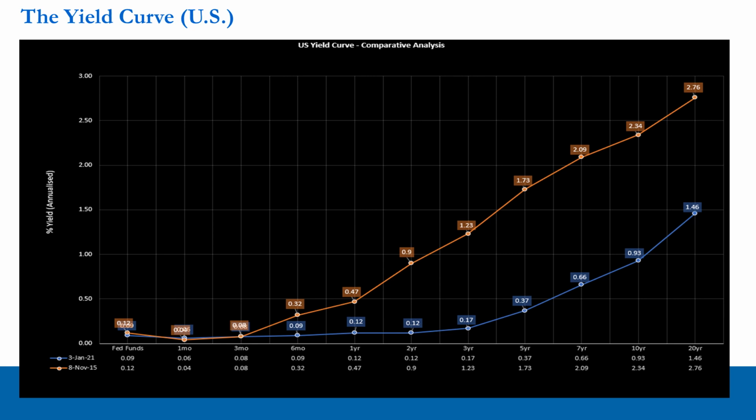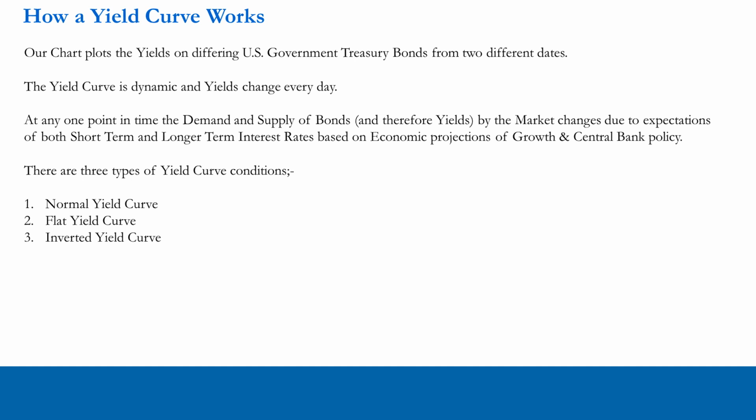So how does this actually work and what does it all mean? Well, the chart that you've just seen plots the yields on differing US government treasury bonds from two different dates. The yield curve is dynamic and it changes every day, okay? So that yield curve will look different next week. It will look different in a month's time.